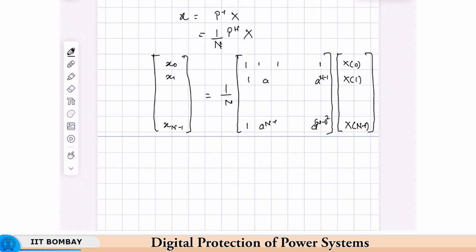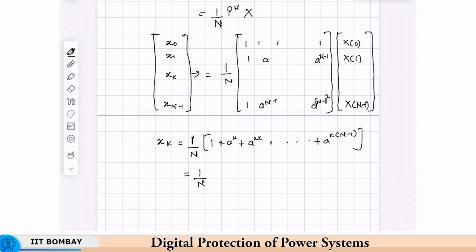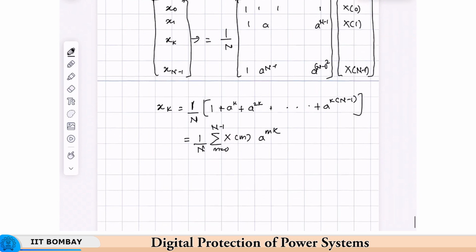Now, suppose we want to get the kth row out. What will that be? Small x of k is 1 by n into 1 plus a raised to k plus a raised to 2k, up to a raised to k times n minus 1, each multiplied by the corresponding capital X, which is nothing but the sum over m of X of m times a raised to m k.